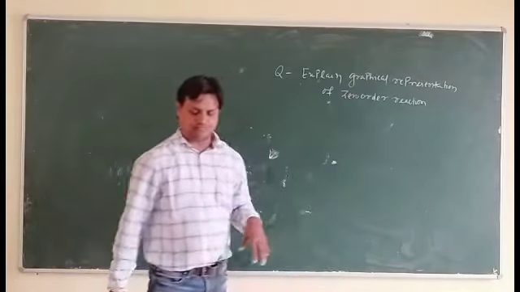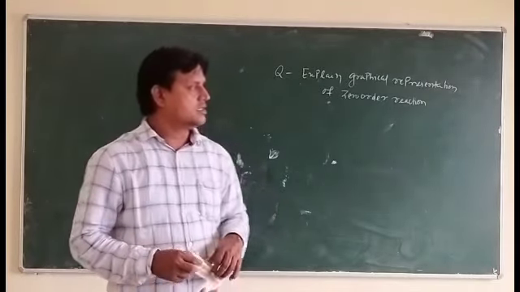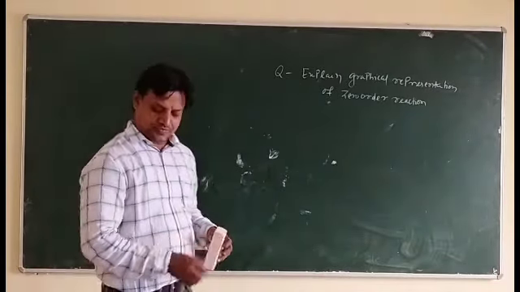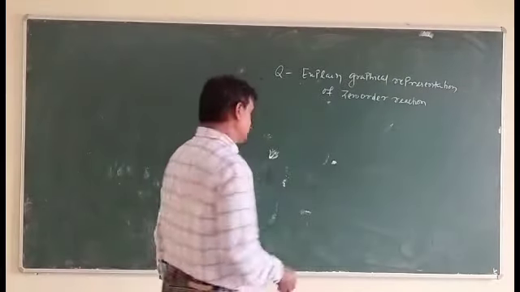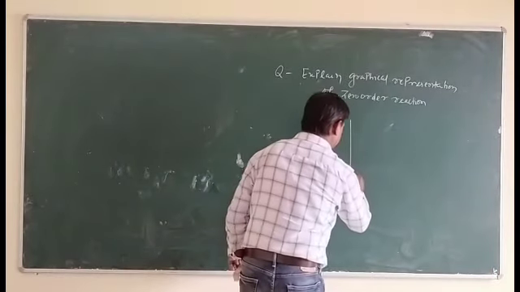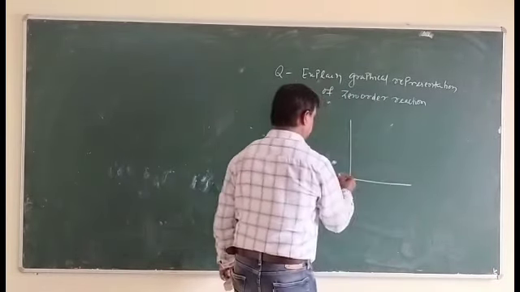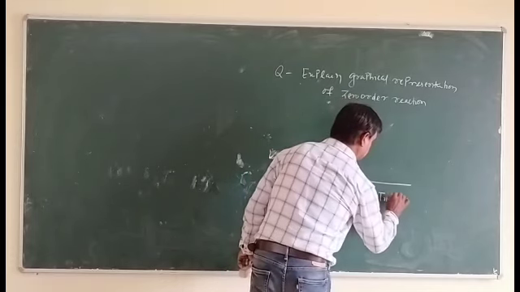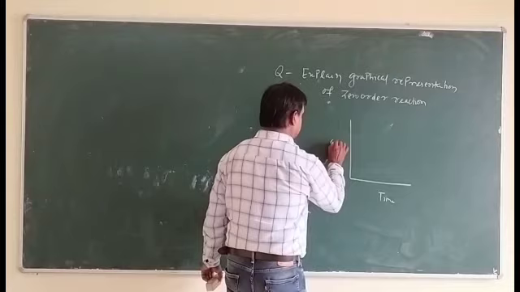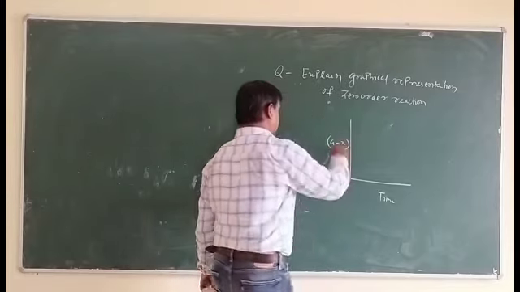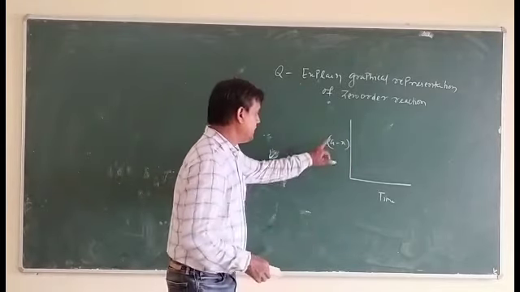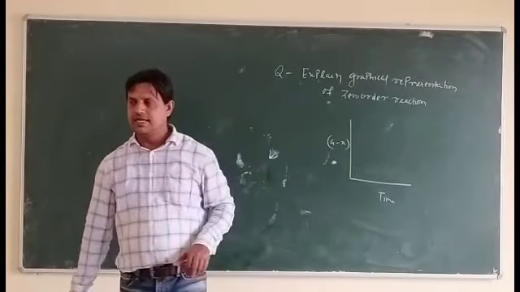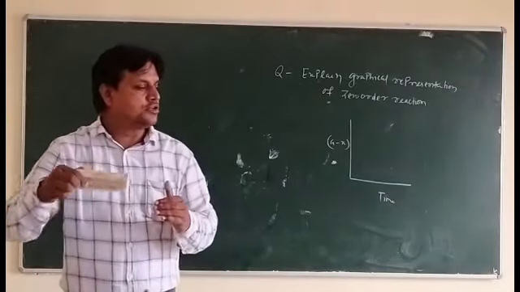Also, there is another graph for zero order reaction. If you draw a plot between time versus A minus x, you know A is the initial concentration and x is the amount decomposed.